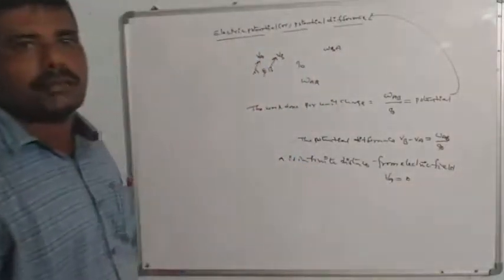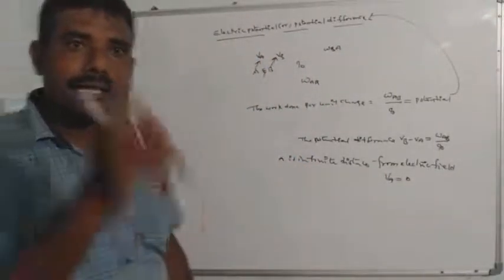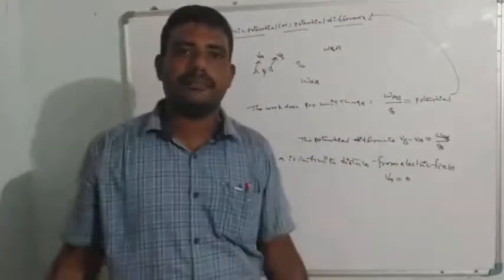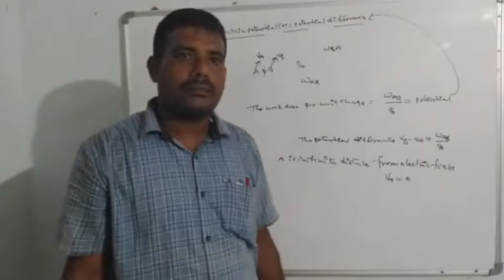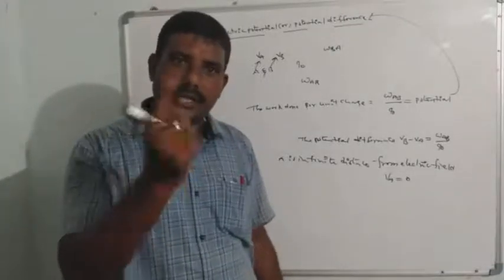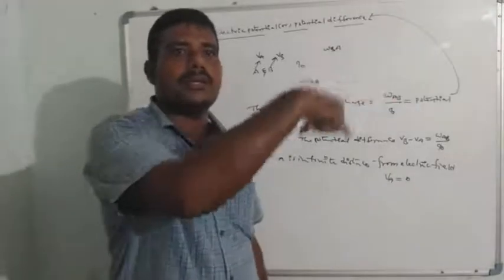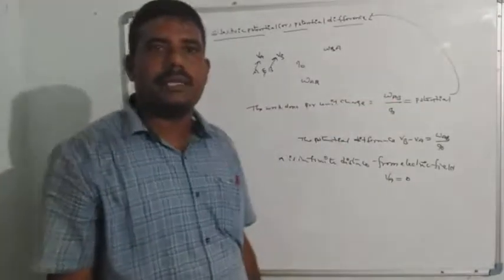The potential becomes 0 when the considered point is at infinite distance from the electric field.